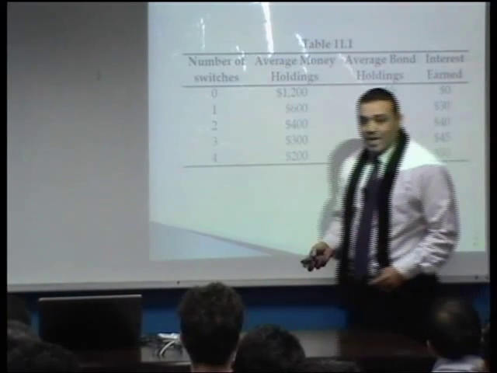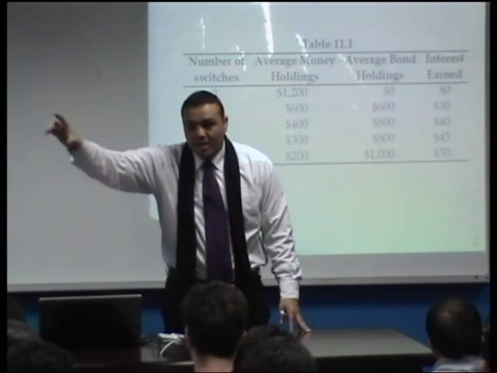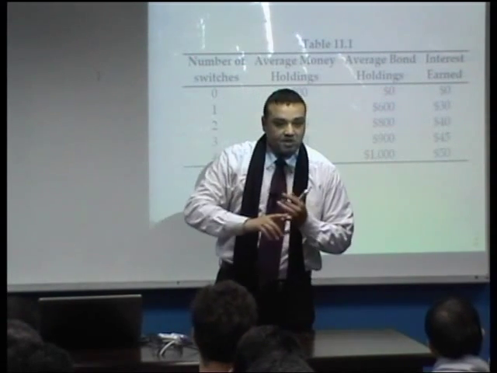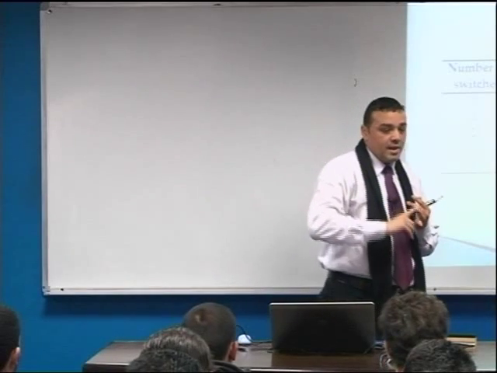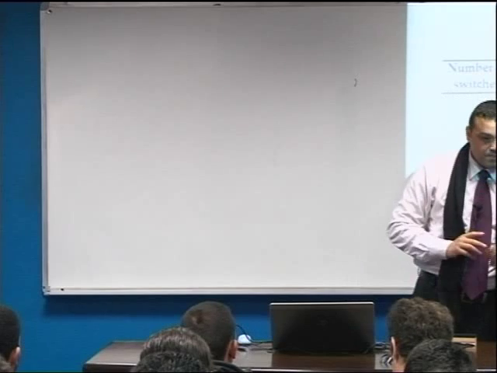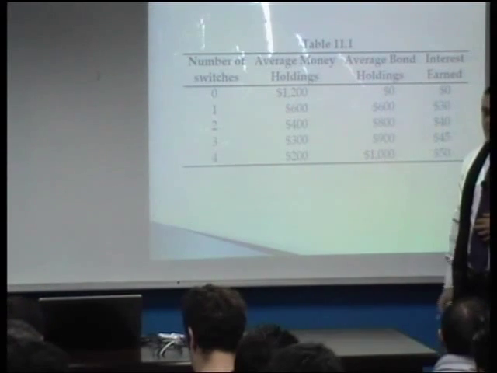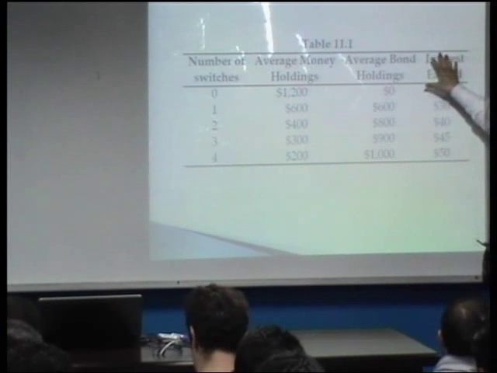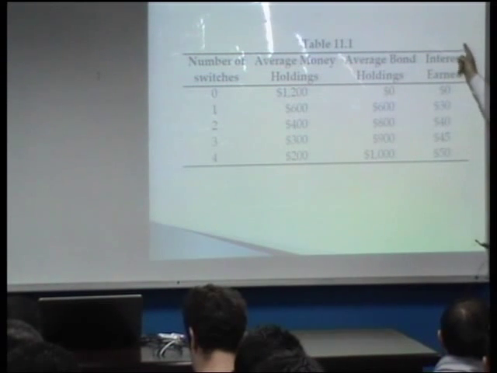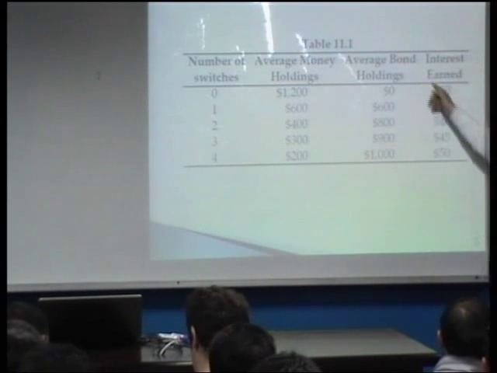We have to calculate the net profits, right? In order to determine the optimal balance, and then we can determine the optimal average money holding, the optimal bond holding, and so on. So to calculate the net profits, we have to calculate the total cost of switches, and then deduct the total cost of switches from the interest earned.